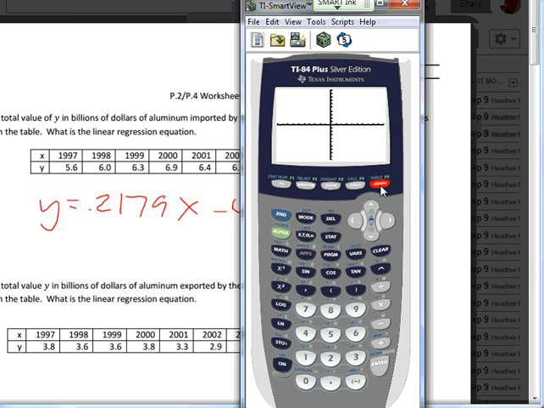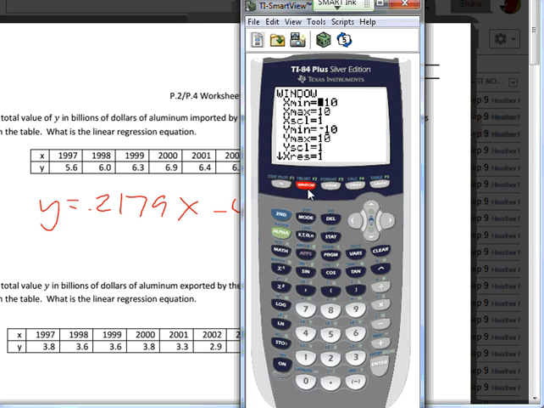We can't see the year 1997 on our equation because our graph is looking at 1, 2, 3, 4, 5, 6, 7, 8, 9, and 10. So now we've got to go into the window, or sorry, is it the window or the table settings? Let me think. No, it's the window. The window, sorry.